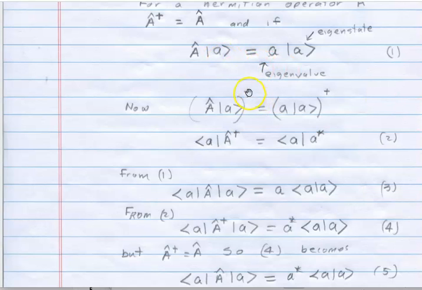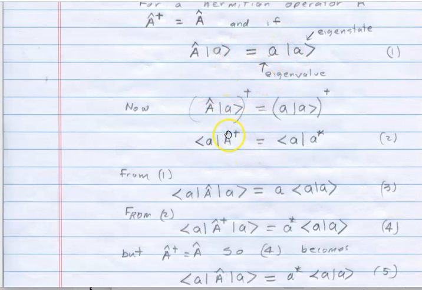Well, I can take the adjoint of this equation 1 pretty easily, and I know how to do that. You simply write these in reverse order. So A comes first, but instead of being a ket, it's a bra, and then you have the Hermitian conjugate of A, and that was one of the identities that I think I threw up. I take the Hermitian conjugate of both sides of equation 1.